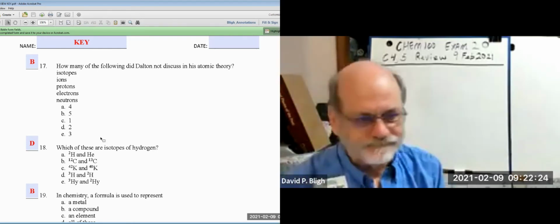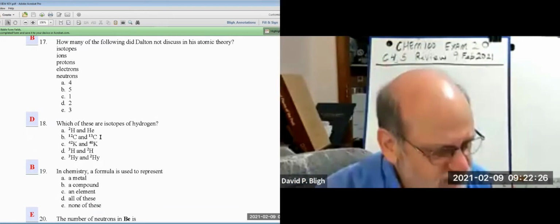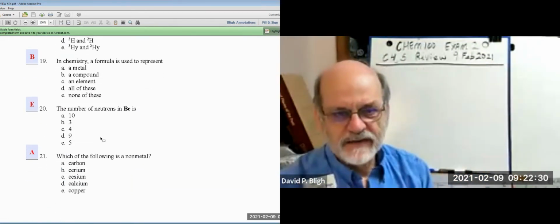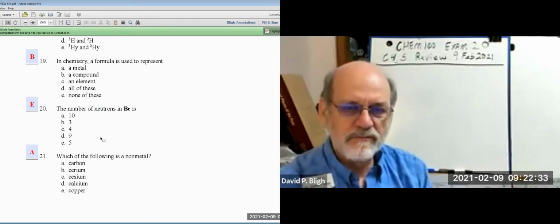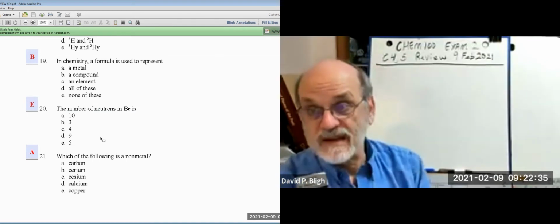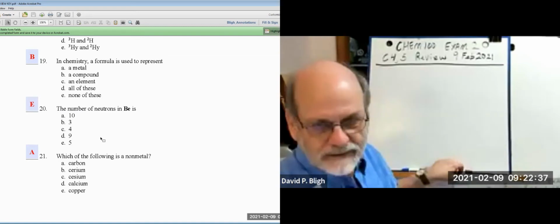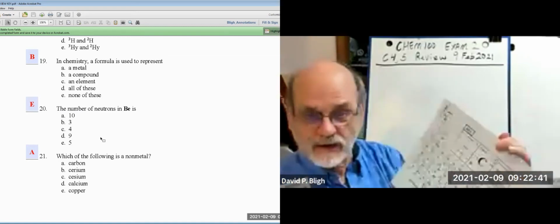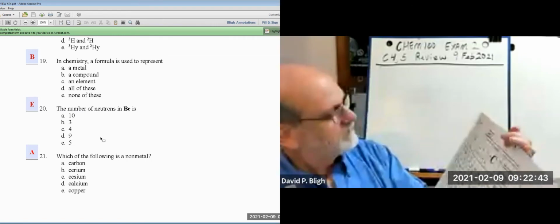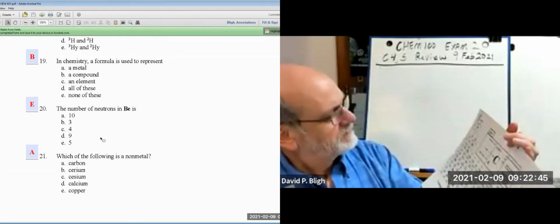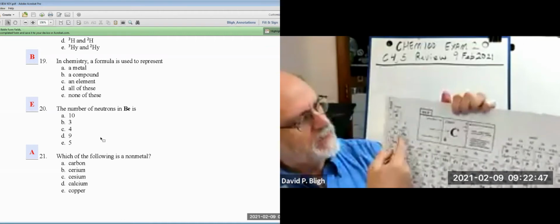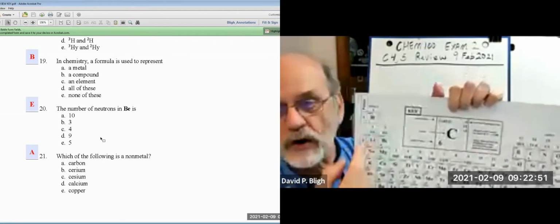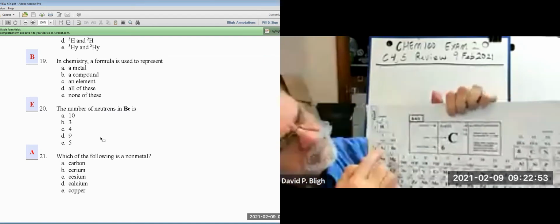Okay, let's skip down to 20. The number of neutrons in Be. First of all, what's Be? It's beryllium. So you got to find beryllium on your periodic table. It's right up here. It's at the top of the alkali metals. The alkaline earths, pardon me. Alkaline earths.